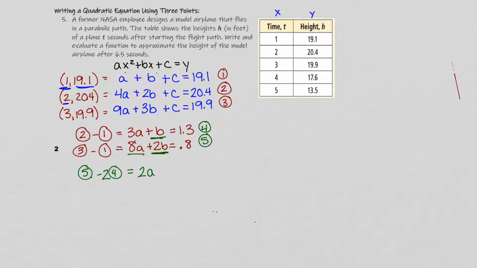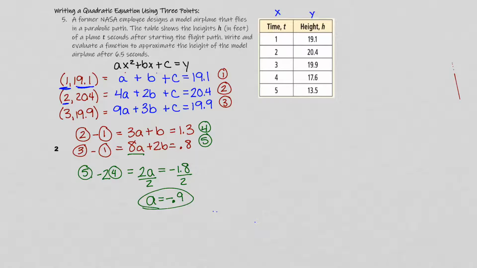So 2b minus 2b is 0. B is gone. Then I have 0.8 minus 2 times 1.3, and I get a negative 1.8. To finish solving for a, I'm going to divide both sides by 2, and I get that a is negative 0.9. So there's a.